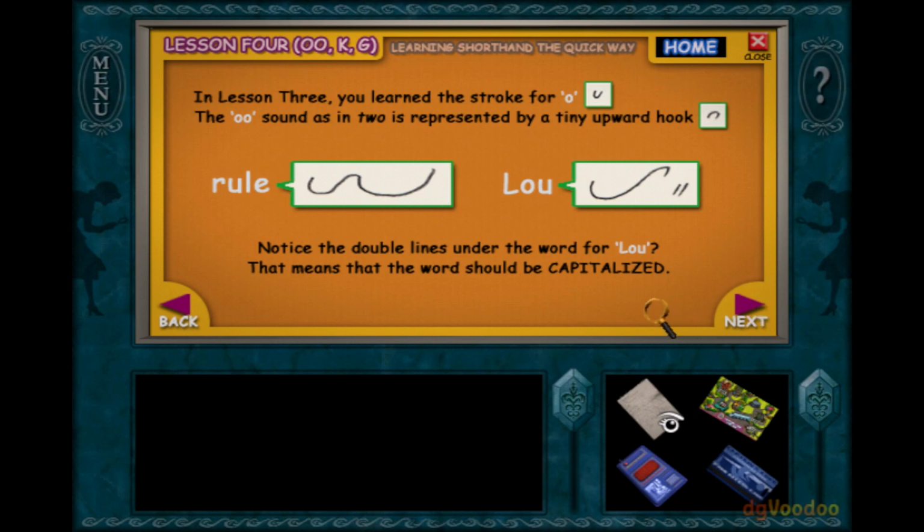In lesson 3 you learned the stroke for O. The U sound, as in two, is represented by a tiny upward hook. So rule, low.